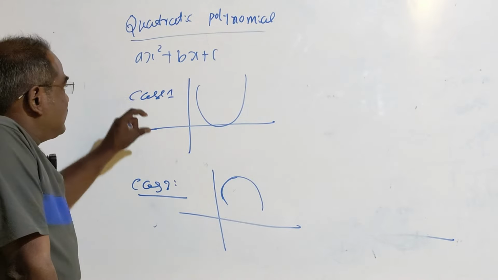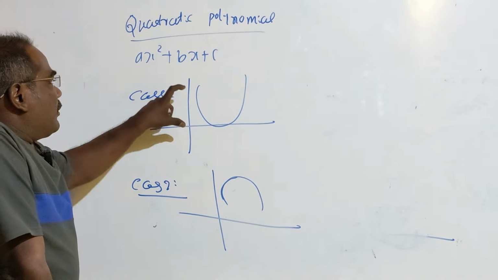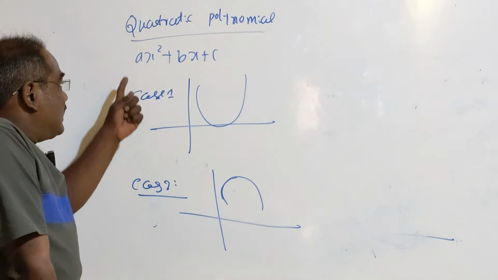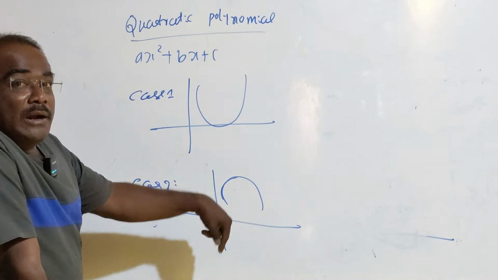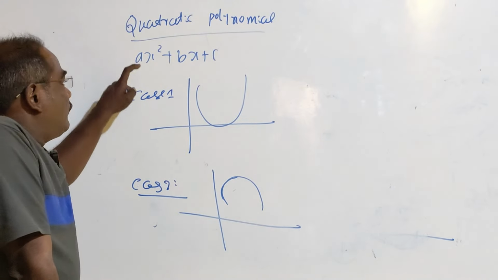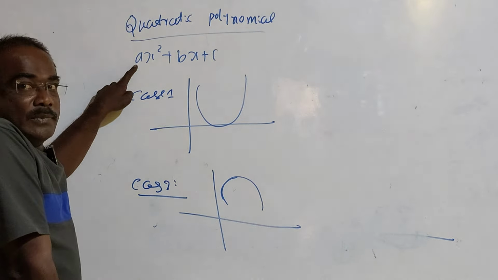When does the graph of quadratic polynomial open upward? When does the graph of quadratic polynomial open downward? It depends on the value of a.